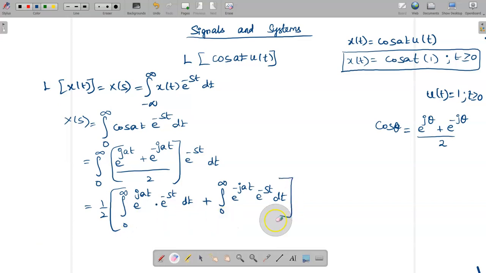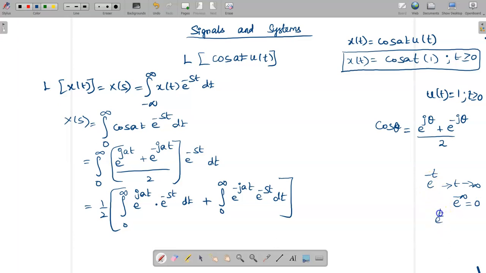While looking at this integration, I have limits 0 to infinity. When I substitute infinity, this integration should not become infinite, meaning I should have the e power minus t term. Then when t tends to infinity, e power minus infinity becomes 0.